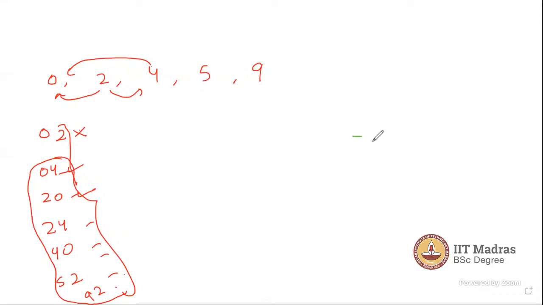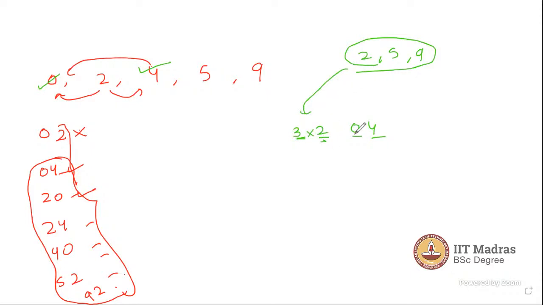See, first I am saying that 0, 4 is fixed at the last 2 digits, so 0 and 4 have been consumed. For the first 2 places, I have only 3 numbers to fill with: 2, 5, and 9. Any of the 3 can come here. Repetition is not allowed, so one of the remaining 2 will come here. So there are 6 ways to form a number that ends with 0, 4, right?